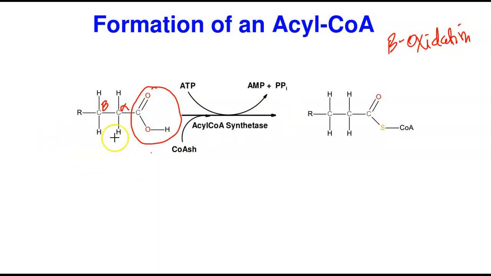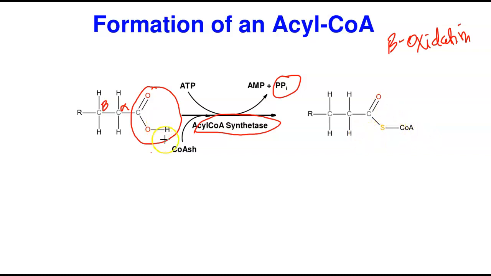Now, in the acyl-CoA activation, I told you it is catalyzed by acyl-CoA synthetase. What happens there is that the CoA, a coenzyme, is added to this place, and that leads to the hydrolysis of ATP to form AMP and release of pyrophosphate. That forms the fatty acyl-CoA.